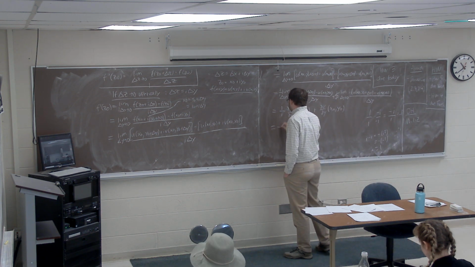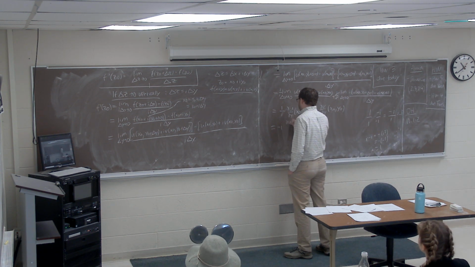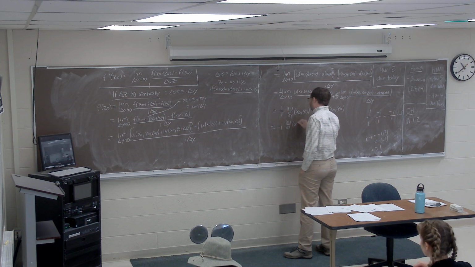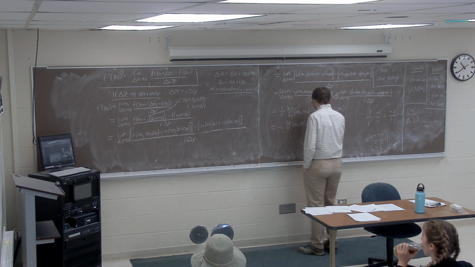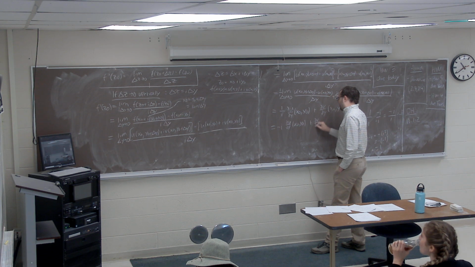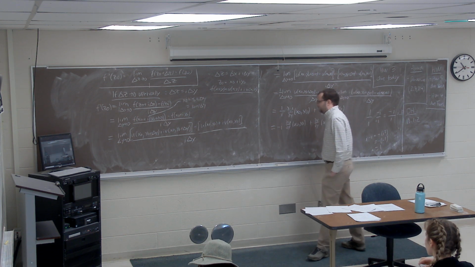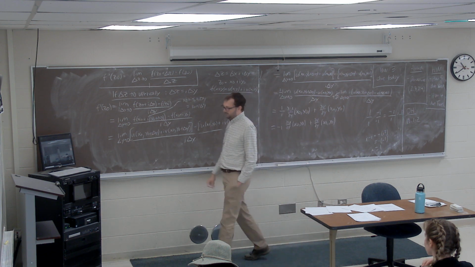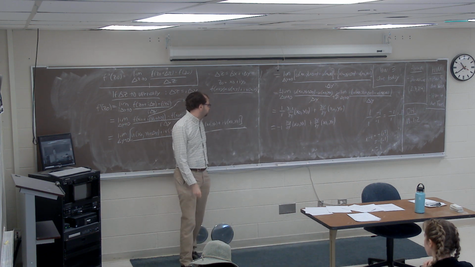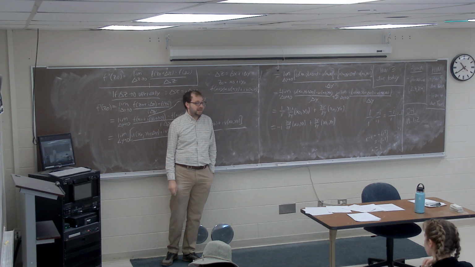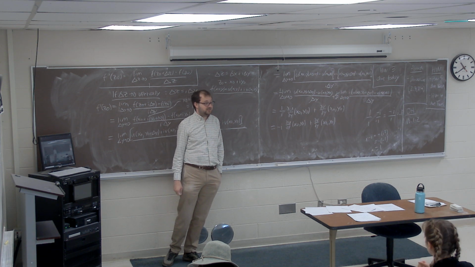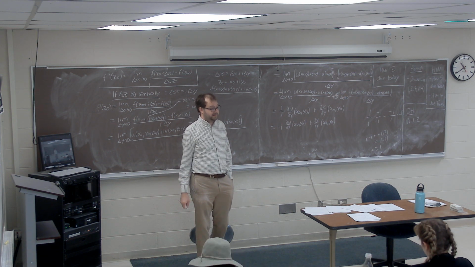So what we end up with is negative i times del u del y evaluated at x naught, y naught, plus del v del y at x naught, y naught. And that's from taking the limit as delta z goes to 0 vertically instead of horizontally.